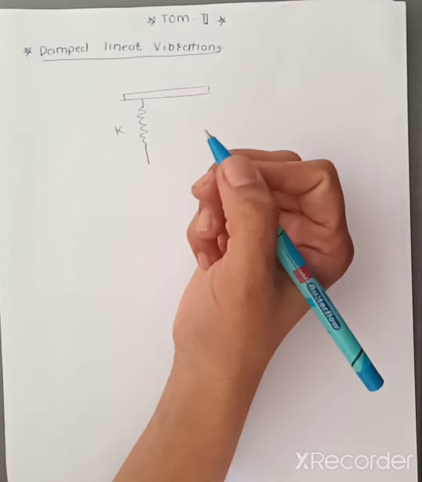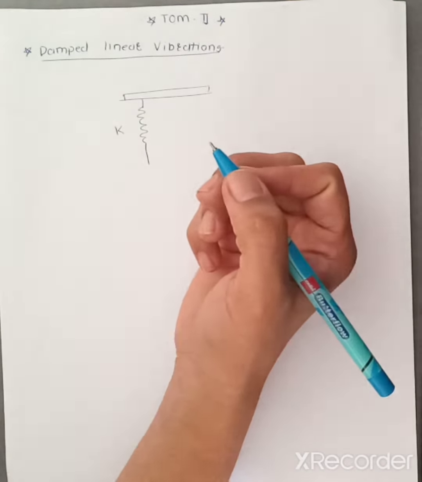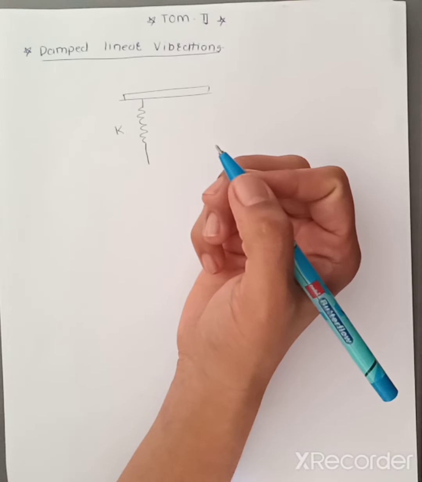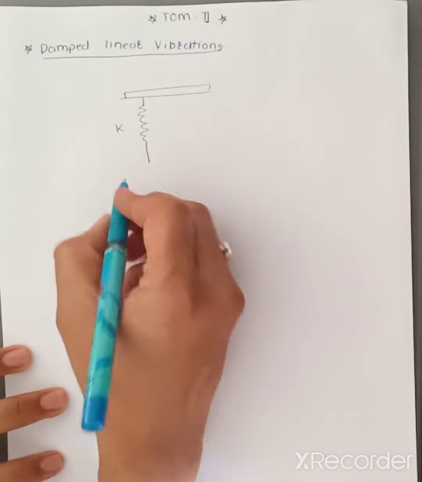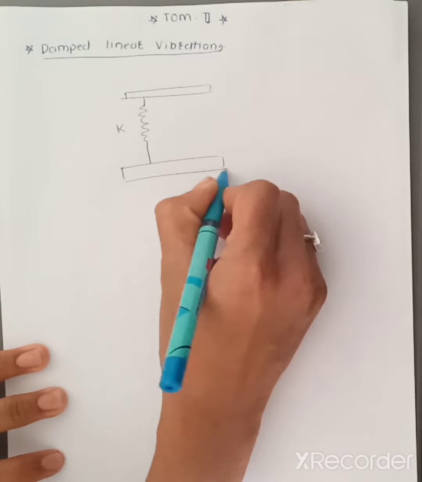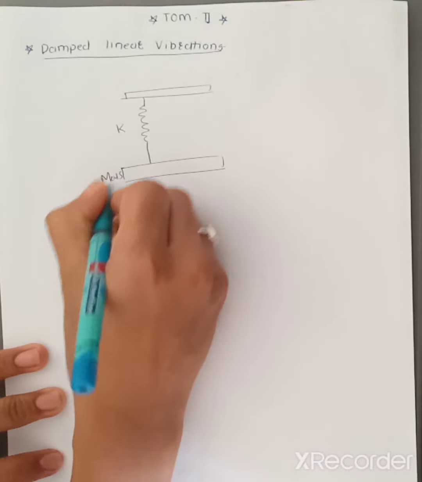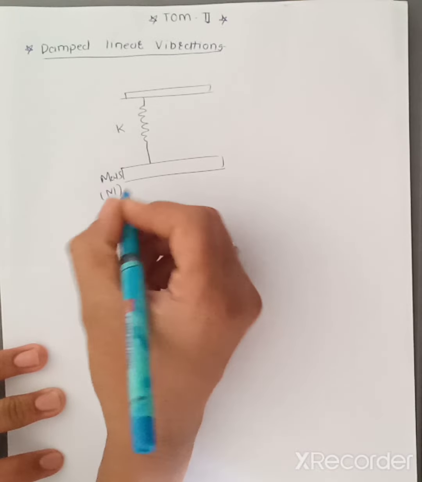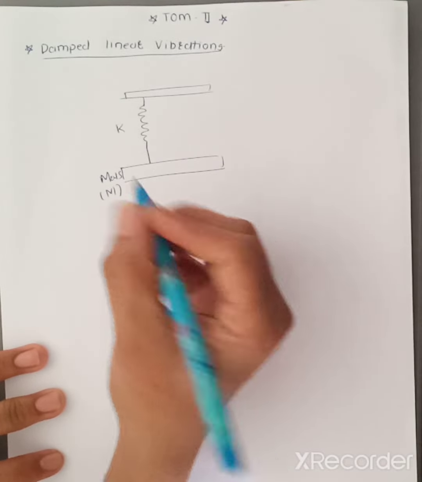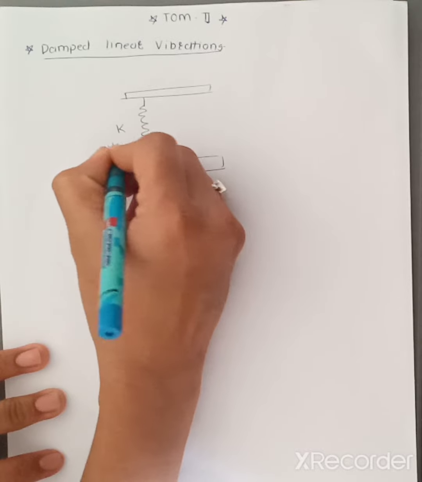The spring has stiffness K, and suppose this is the mass, given by capital M. Mass is generally in kg, and K is in Newton per meter.